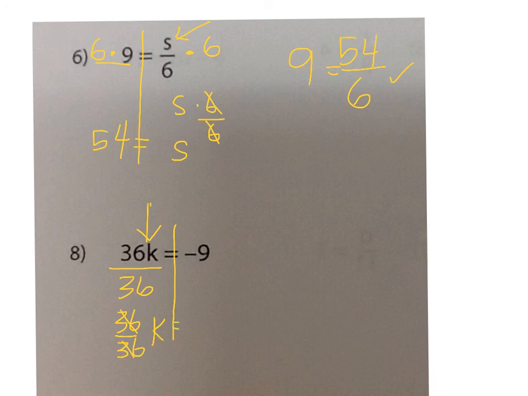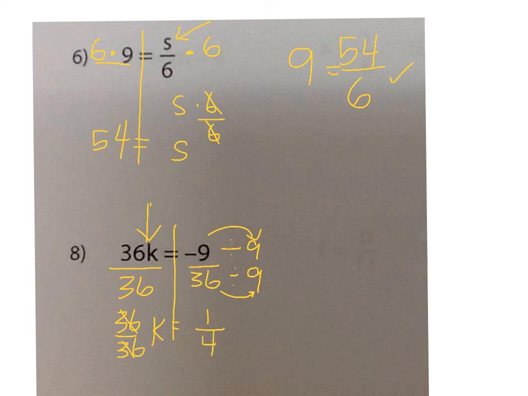Well, negative 9 divided by 36, that's going to be more difficult to do, but I can see that as a fraction, and I can simplify that. Negative 9 divided by 36 has a common factor of 9, so I can simplify by 9. 9 divided by 9 gives me 1, and 36 divided by 9 is 4.